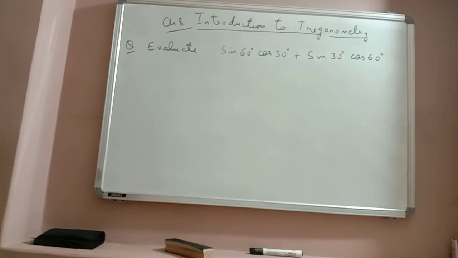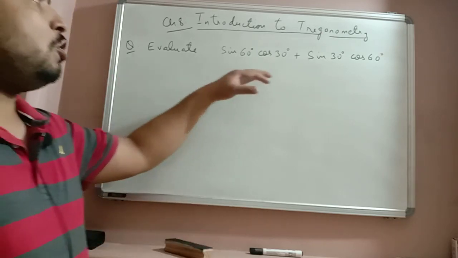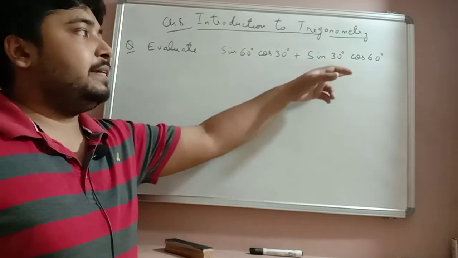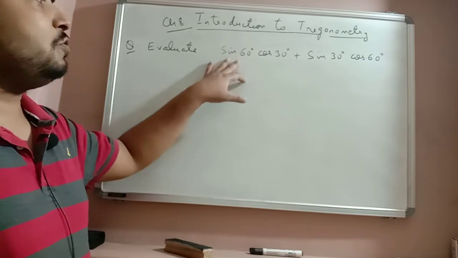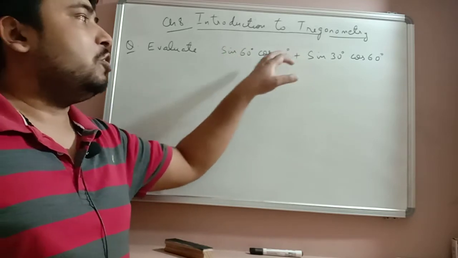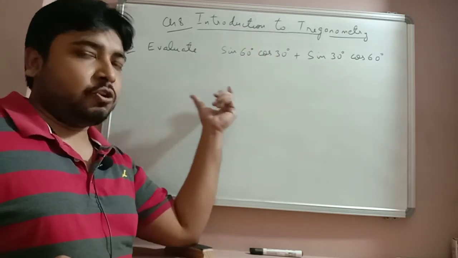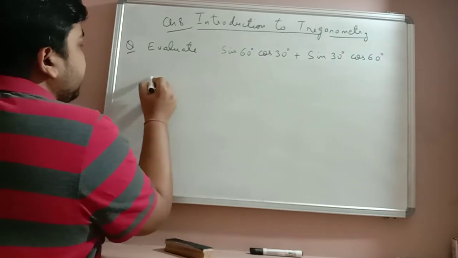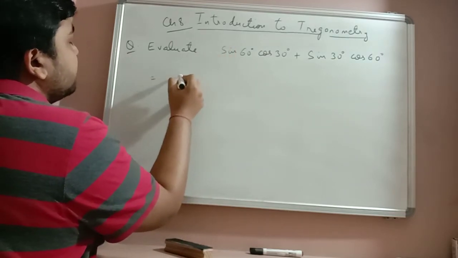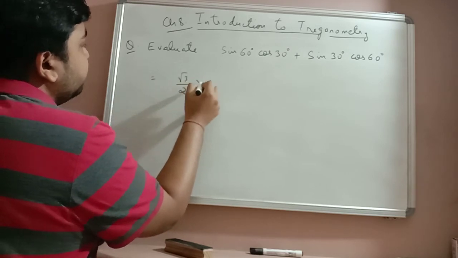Alright, let's take up this question. Question states that evaluate sine 60 degree cos 30 degree plus sine 30 degree cos 60 degree. Now it's very simple. We can simply put the values of sine 60, cos 30, sine 30 and cos 60 from the trigonometric table that we have just drawn, and we will find out the value of this expression. So sine 60 degree is equal to root 3 by 2.